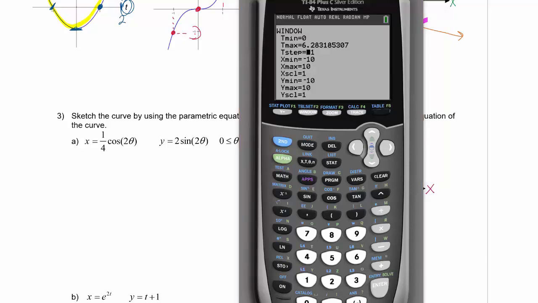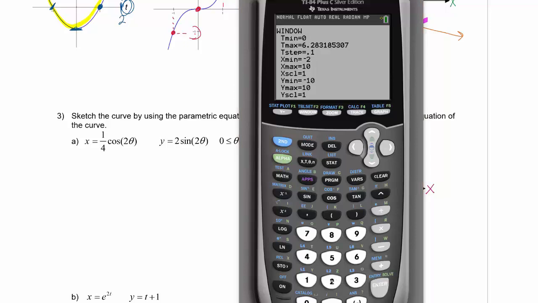And when I hit graph, I think we will find a shape that we all recognize to be an ellipse. It's very, very small. So what I would do in that case is go back and change my viewing window. So I might change my x's. I mean, those looked very small. So I might change those to be, for example, -2 maybe to 2, and that might even be excessive.